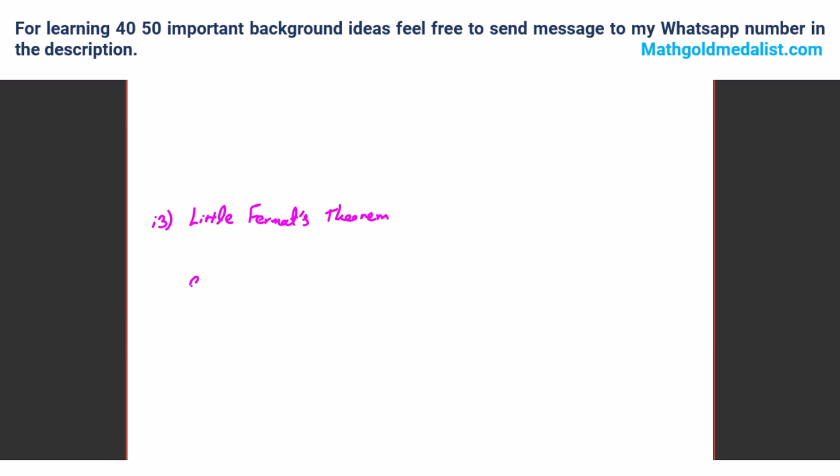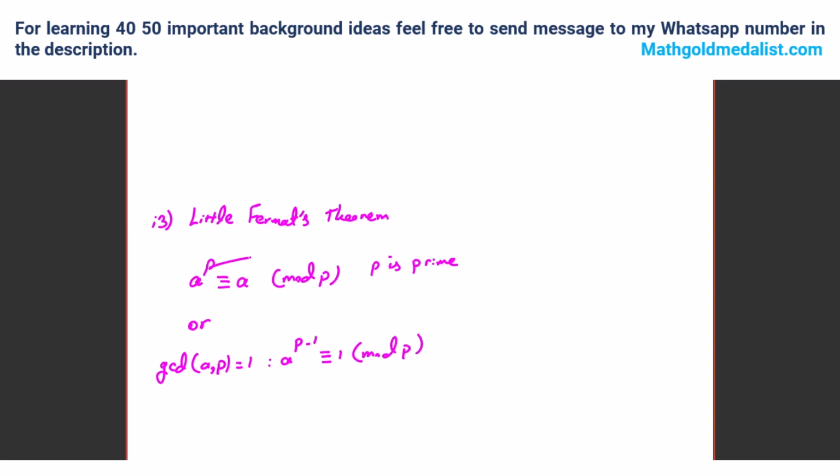We can say a to the p is congruent to a mod p. P is prime. Or one explanation is this, or you can say GCD of a and p is 1. If GCD of a and p is 1, then a to the p minus 1 is 1 mod p. And you can prove both these explanations are equivalent.